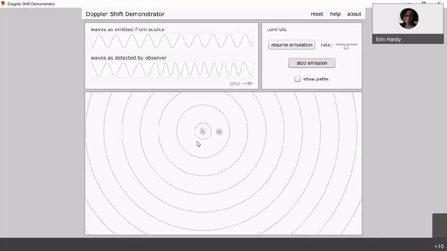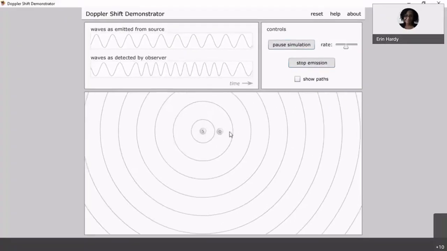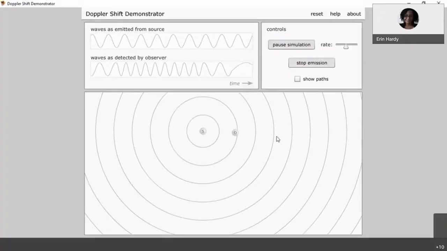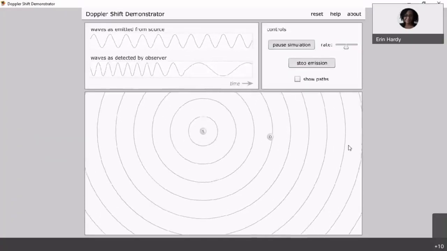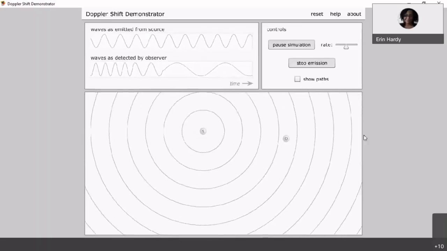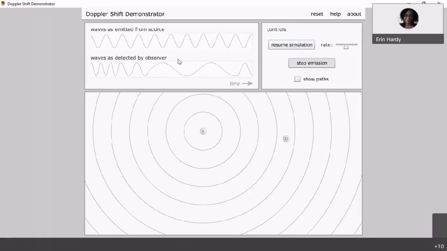So if this were a sound wave, we would observe a change in frequency. We resume this here and look at the opposite. So when the observer is moving away from the source, now what the observer detects is a wave that has a much larger wavelength. So that means a lower frequency. So if this is a sound, the pitch would sound like it drops down.